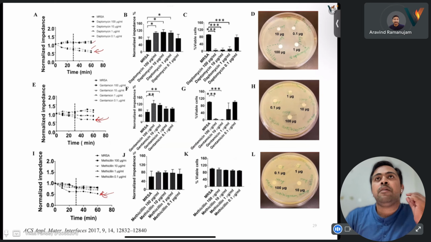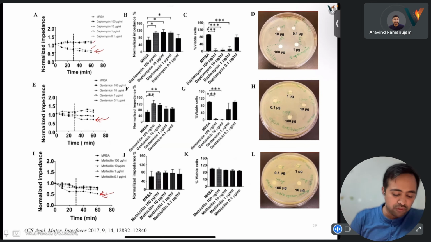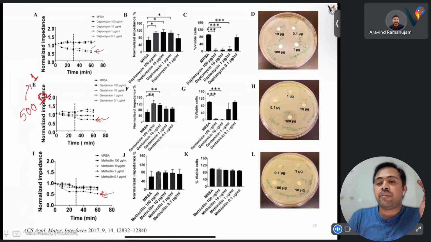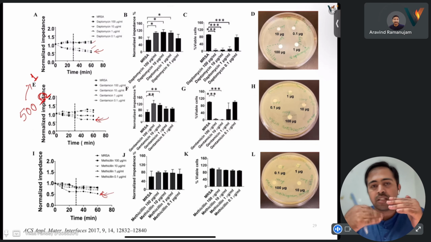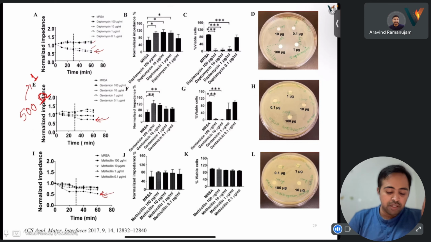Let's say we have an impedance of 500 ohm. We are saying that this is 1. If it is decreasing, it will be, say, 0.7, 0.6 like that. But what if the impedance increases above it?